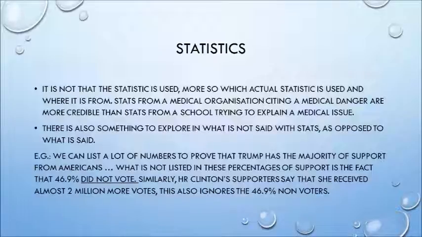And we've got an example here, and it was straight after Trump won the election in America, and people were using all sorts of statistics to prove that he had the majority vote. But what they were doing was ignoring other numbers. And when you do that, you're actually trying to imply something, that he has more of the vote than maybe he did, and that's how they convince you of their opinion.